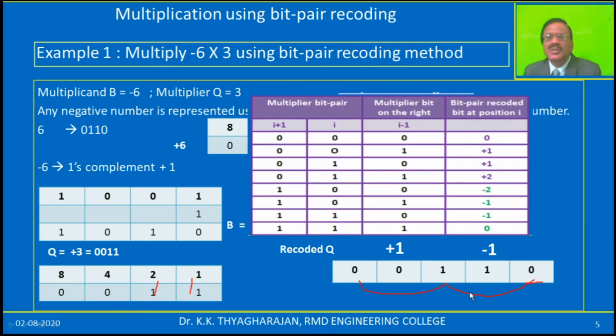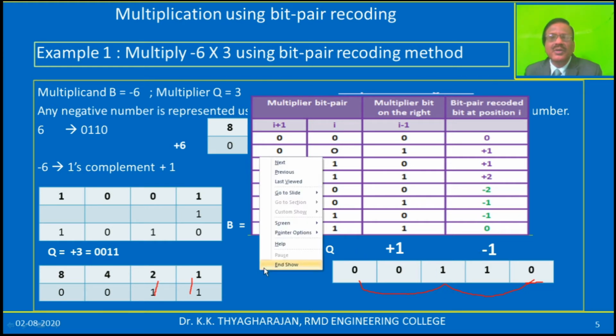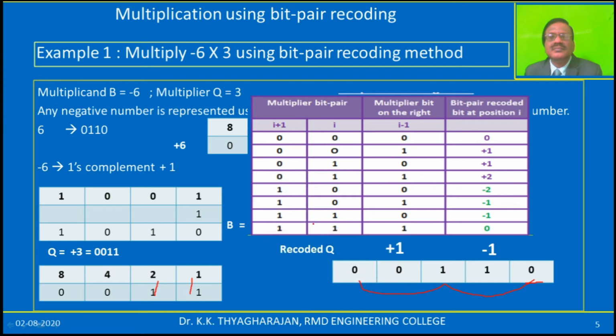You see the table. 110 should be recoded as -1. Then 001 should be recoded as +1. So this 0 bit should be recoded as +1, and this 1 bit should be recoded as -1.